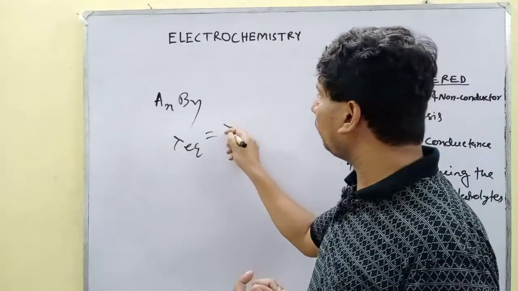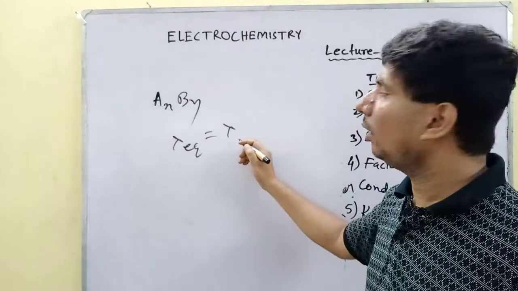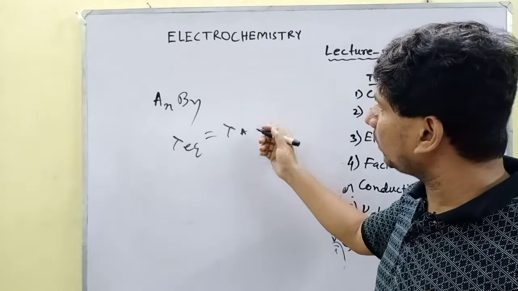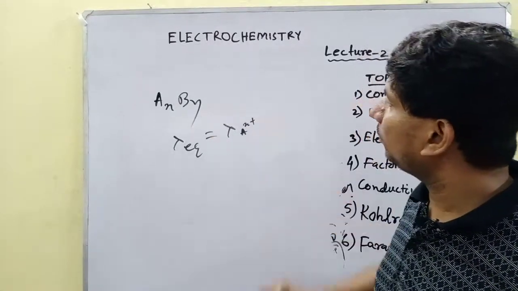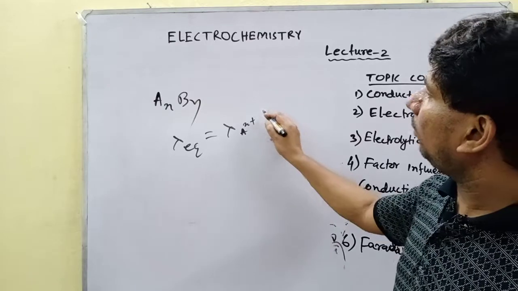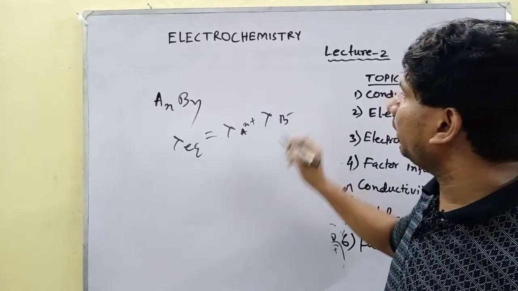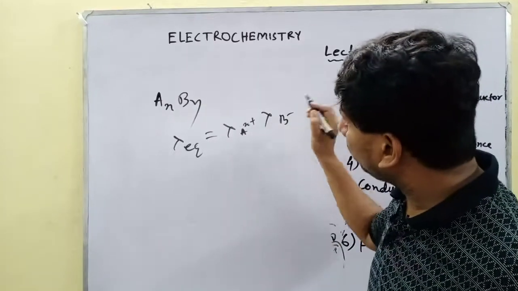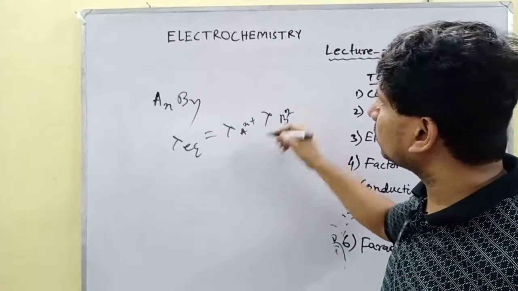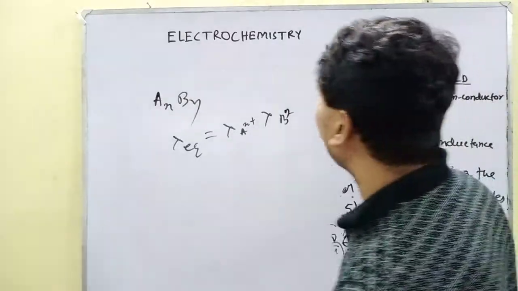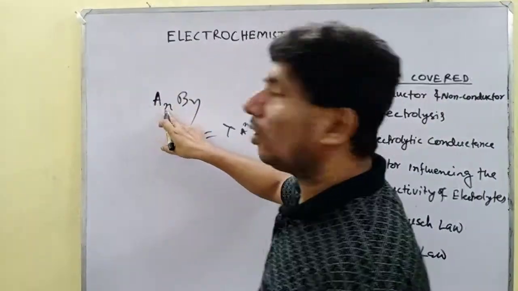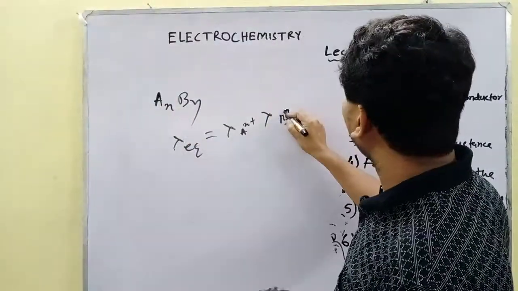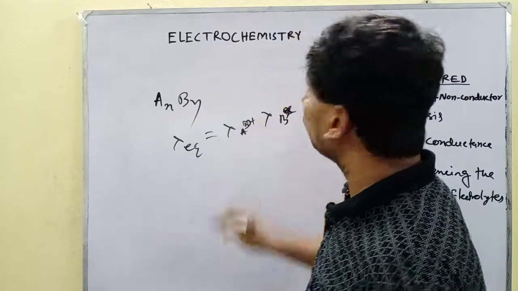Lambda equivalent is lambda of positive, that means A to the X plus, plus lambda of B to the Y minus, or you can write, if the charge of this is X, then it will be X, it will be Y, no problem.